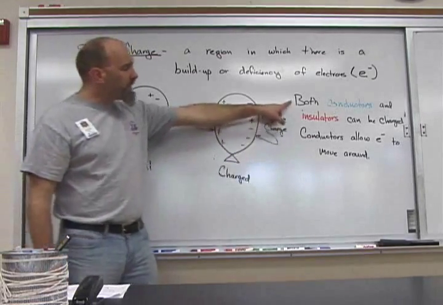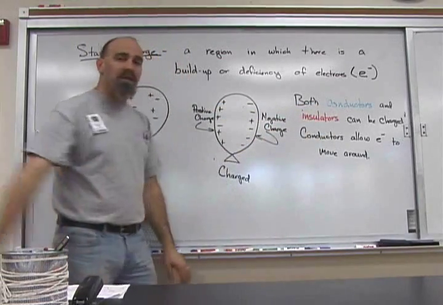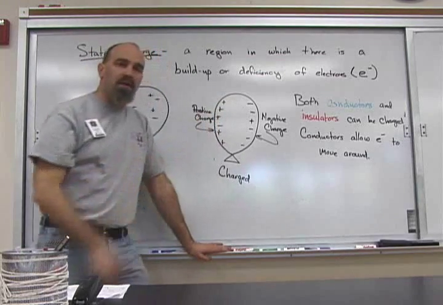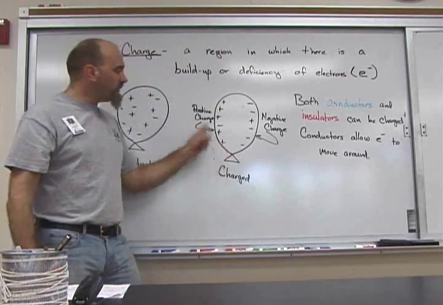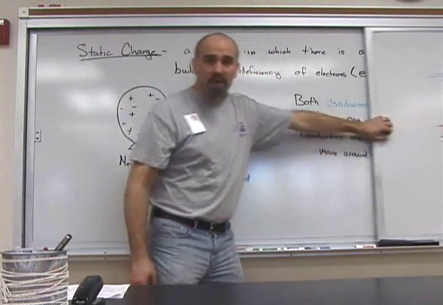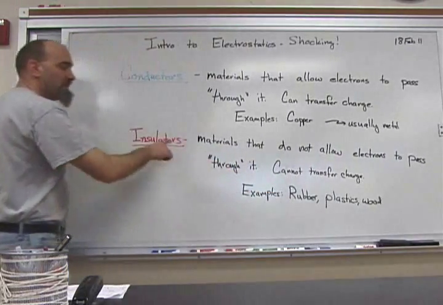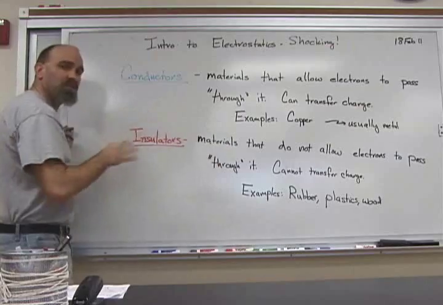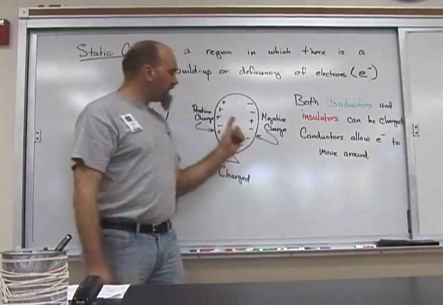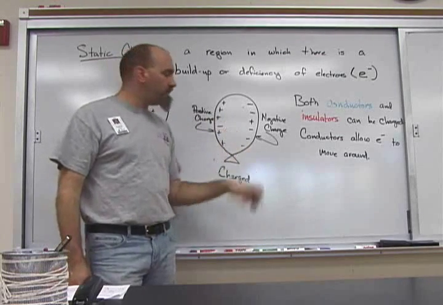What's interesting is both conductors and insulators can be charged like this. But what happens when you charge a conductor? For example, as opposed to having a balloon that's made out of rubber, which is an insulator, that doesn't allow the electrons to move over the surface, what would happen if I did this to a metal sphere, like a metal ball?